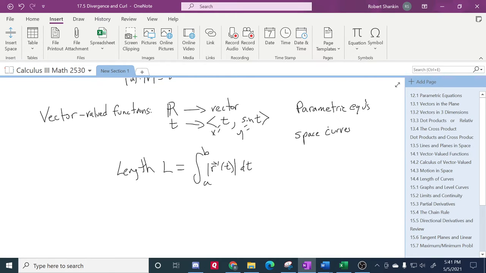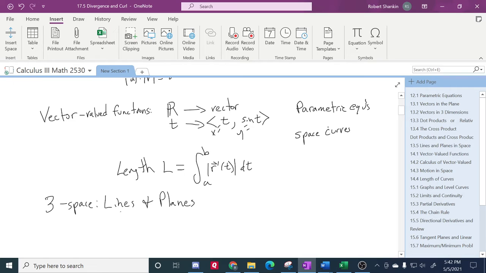I think it would be derivatives of multivariable functions. Okay, well, I think I want to go back. We kind of skipped one. We went to length of curves. This one here, lines and planes in 3-space. Lines and planes.